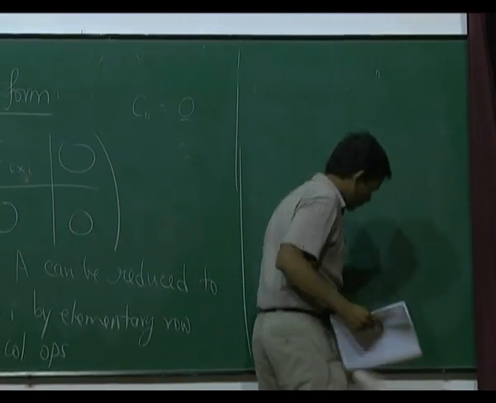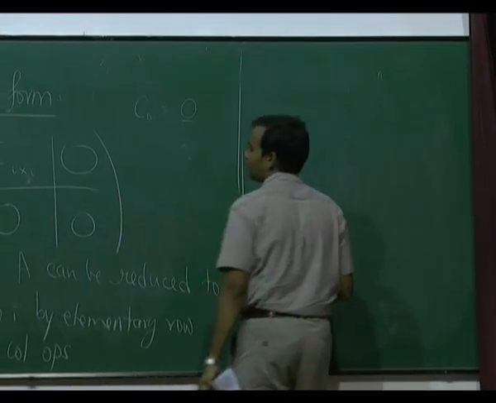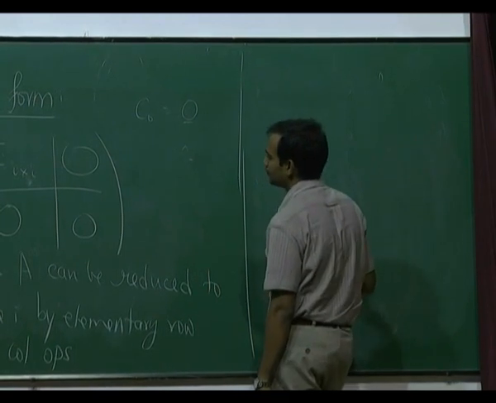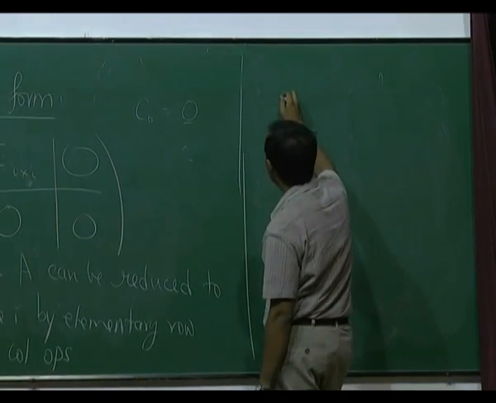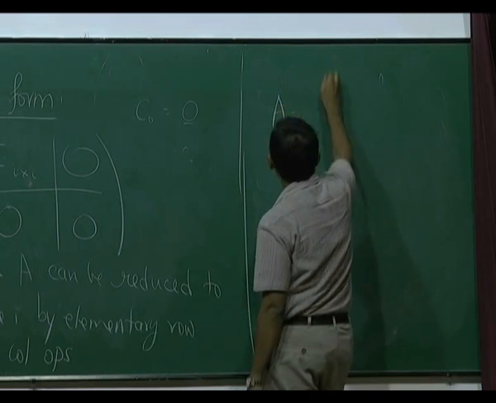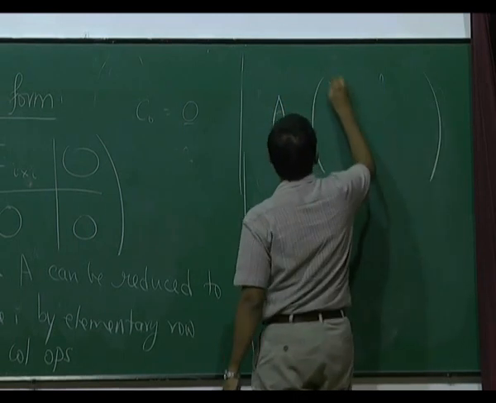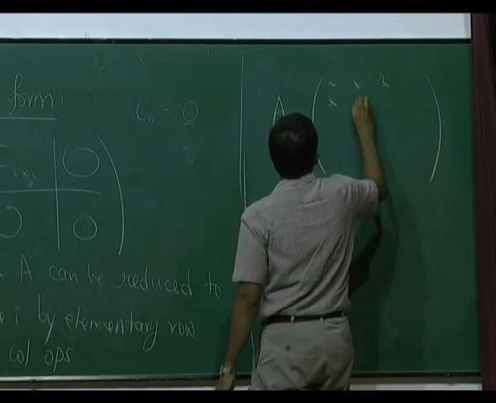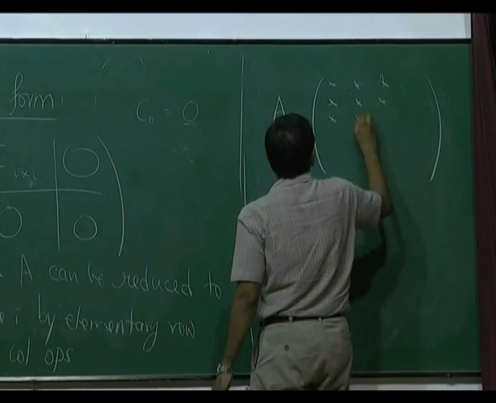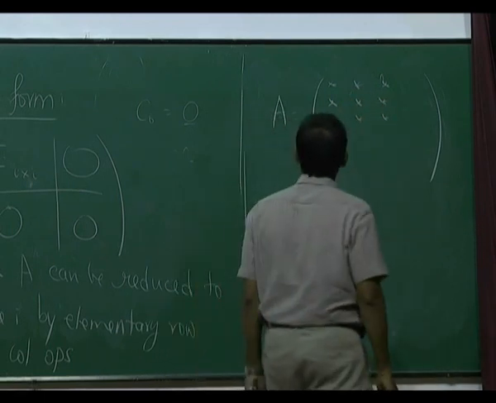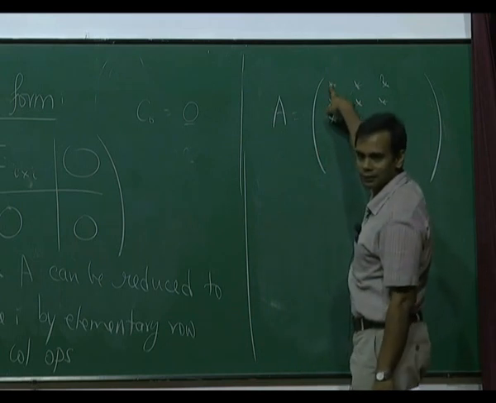So now you have some matrix A, and it has some entries. Now what I want to do is I want to make this thing 1. That's the first thing I want to do.